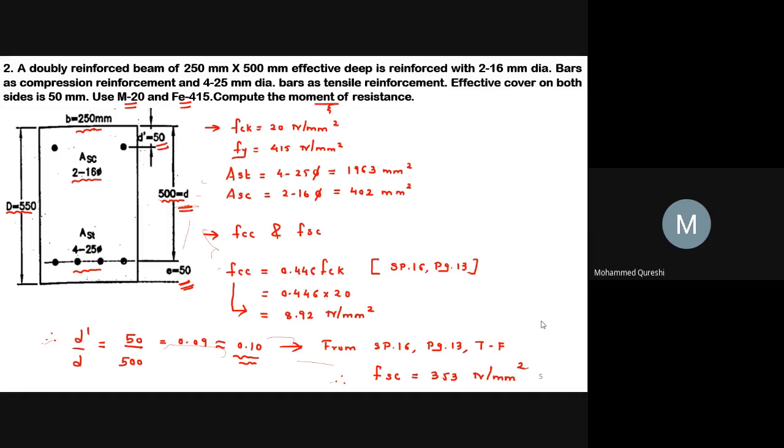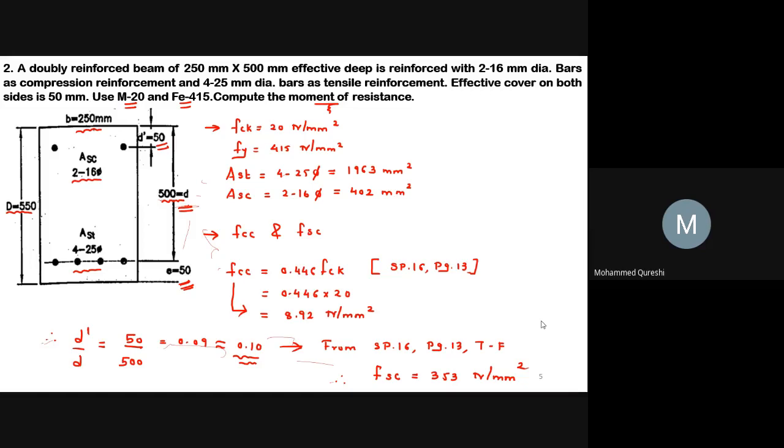Now we will go for the revision related to both sums. First of all, you have to calculate the value of AST and ASC that are given in the statement. Then you have to find the value of FCC and FSC using SP16 page number 13.